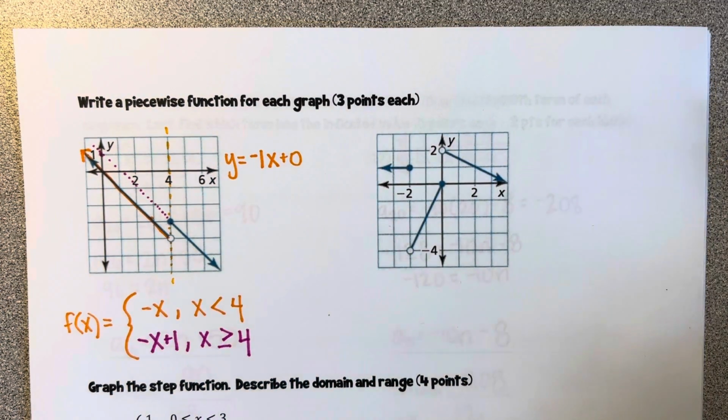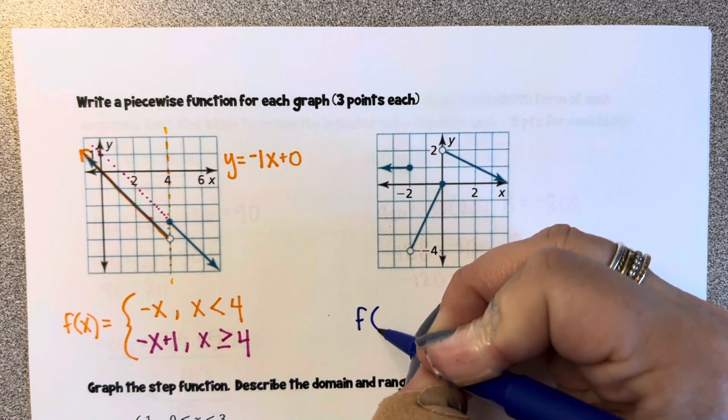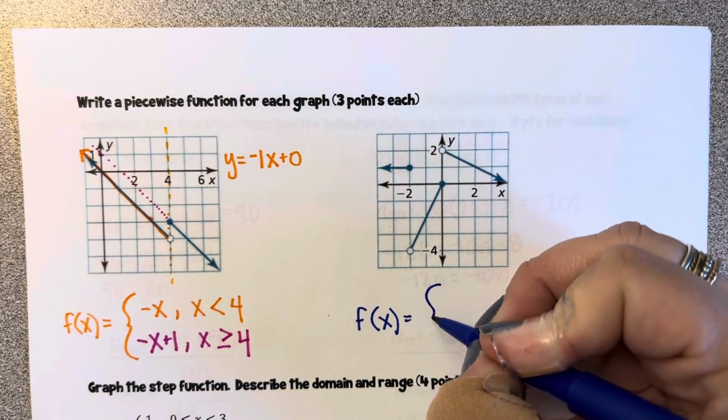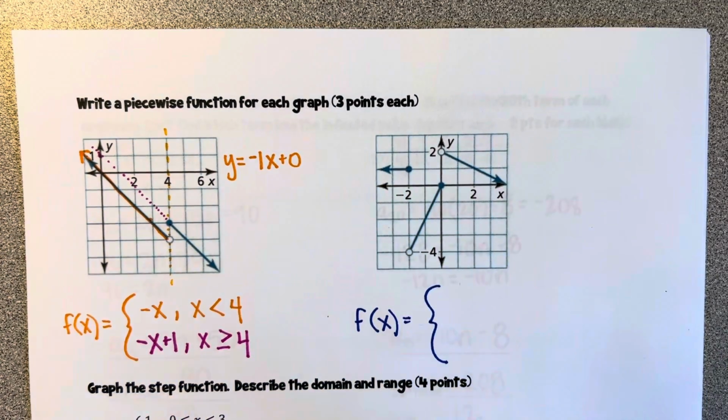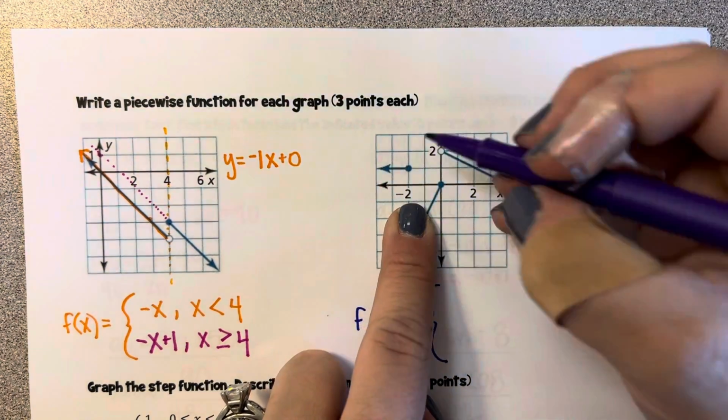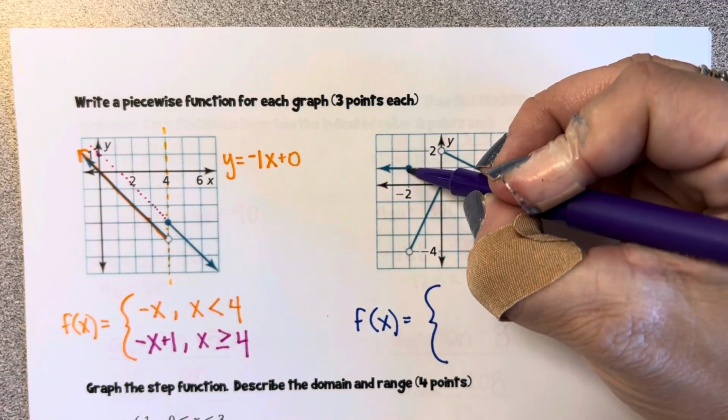Okay, on the next one, we have 3 lines, right? So f of x equals, and there's going to be 3 different requirements. There's 3 different lines. So the first one is this little guy right here. It's sitting on the point negative 2, 1.